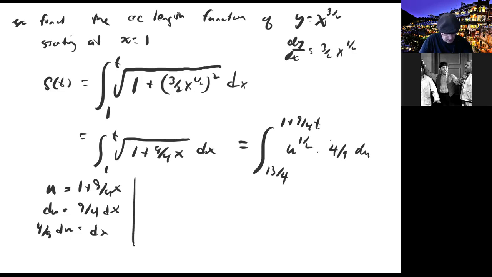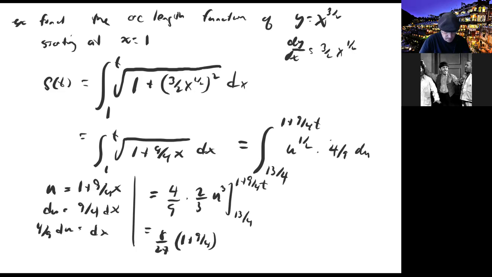Okay, so what do you get? You get 4/9 times the antiderivative of u to the 1/2. That's 2/3 u to the 3/2 evaluated from 13/4 to 1 plus 9/4 t. So you get 8/27, where I multiplied the two constants together, and then it's 1 plus 9/4 t, to the 3/2, minus 13/4 to the 3/2.